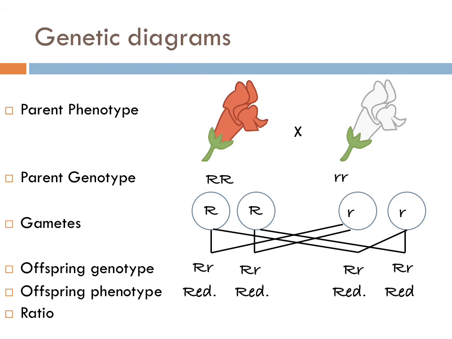And for the ratio, we count how many of these and how many of those and put them in a ratio. So there is 100% red and 0% white. When we write the ratio, it is 1 to 0: 1 red and 0 white.